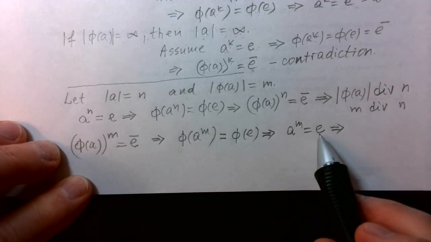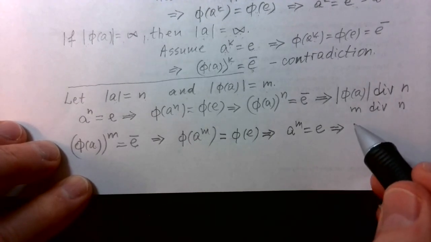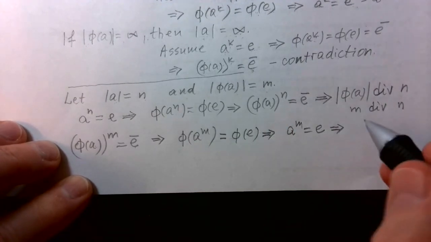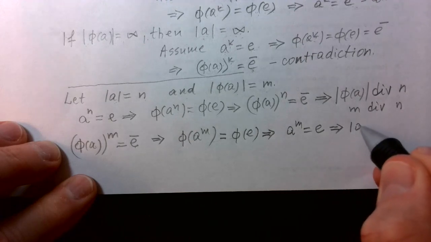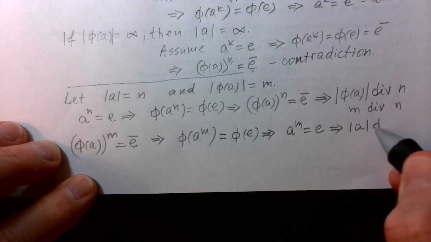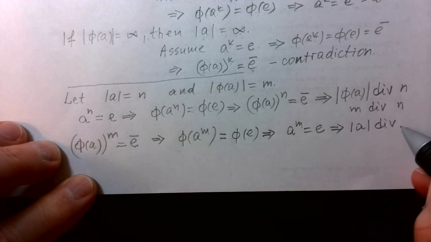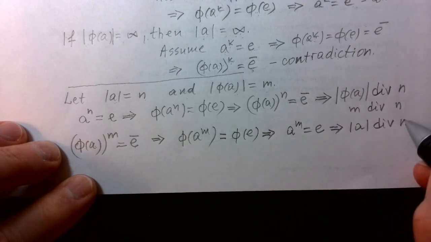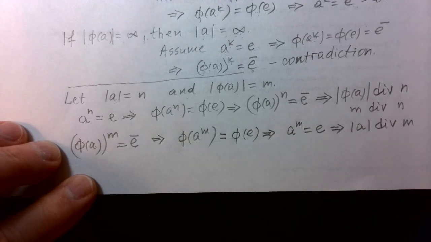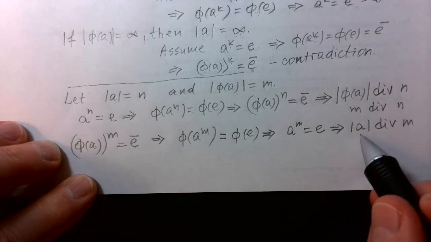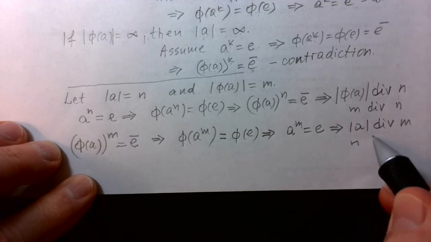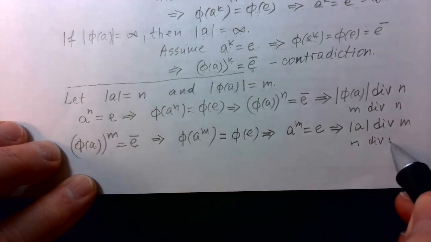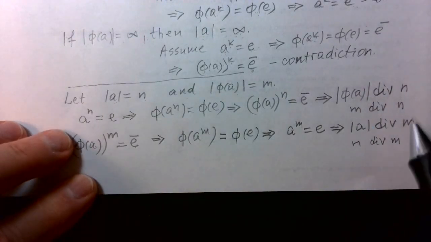But this means that, according to corollary 2, the order of a divides m. But the order of a is n. n divides m.